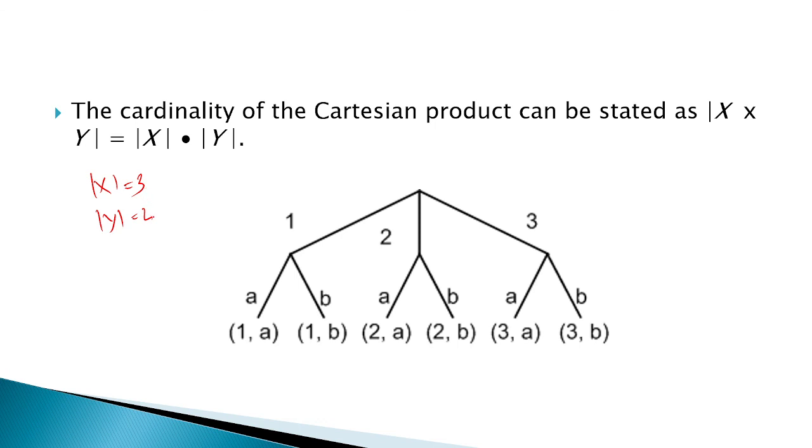So, that's 3 times 2, that's 6. So, that is why we have 1, 2, 3, 4, 5, 6 elements for the Cartesian product of sets X and Y. So, pwede rin natin siyang gawan ng table para mas madali yung visualization natin at pag-identify kung ano-ano yung mga members or ordered pairs natin.